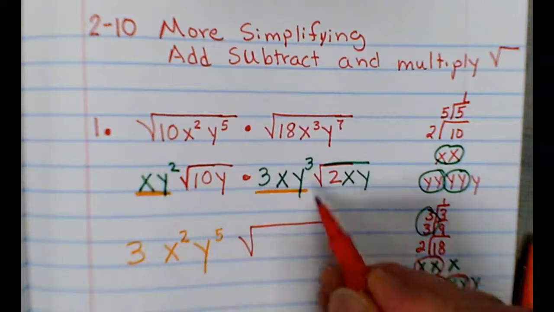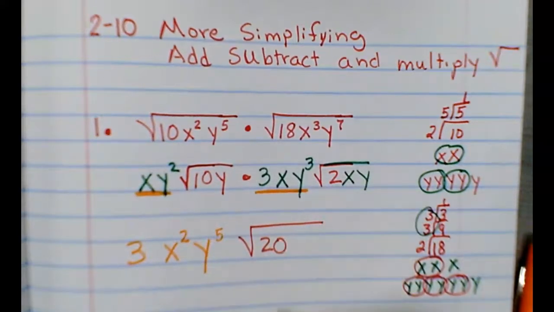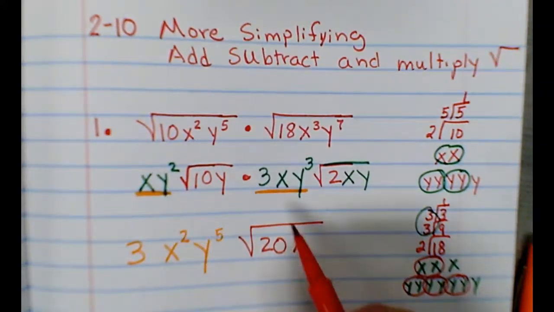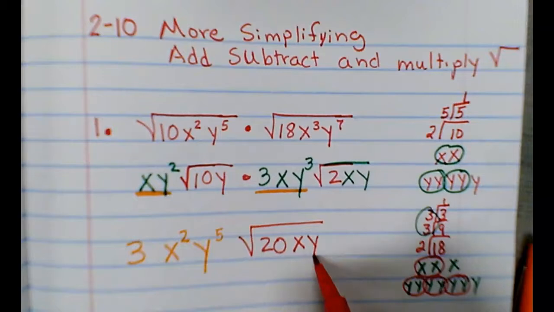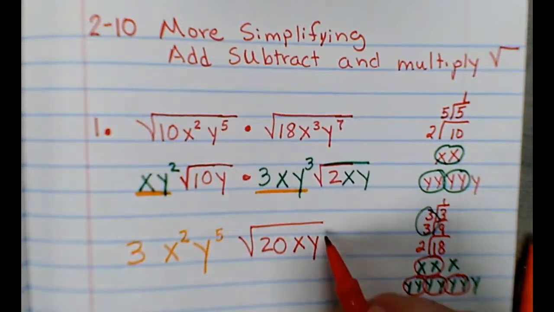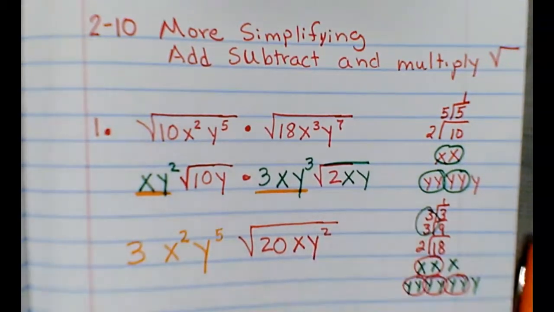A 10 times a 2, and an x, and a y times a y. That'll simplify a little bit more.